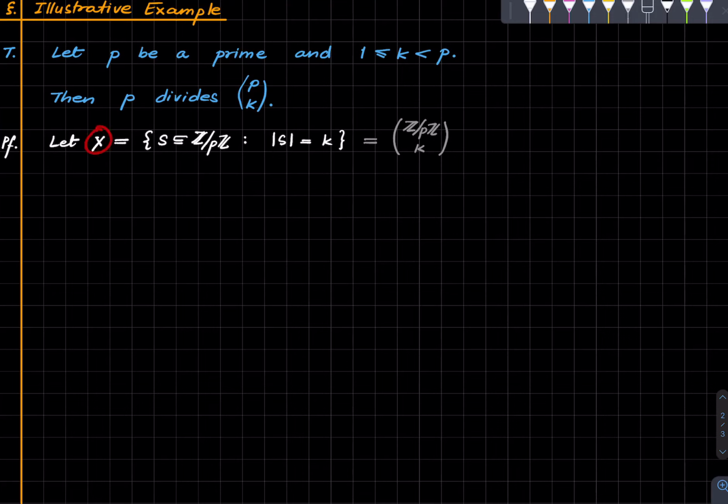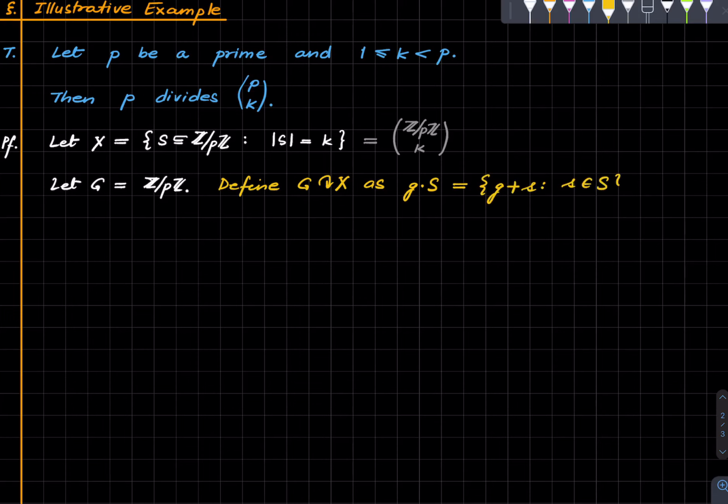Okay, so that's X, and the group is Z mod pZ, and we define an action of G on X as g dot S, S is an element of capital X, this is equal to g plus little s in S. Just translate everything in capital S by the group element.